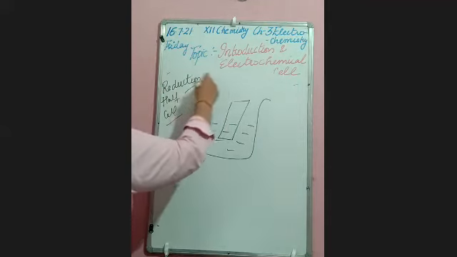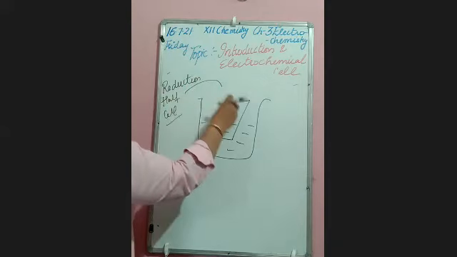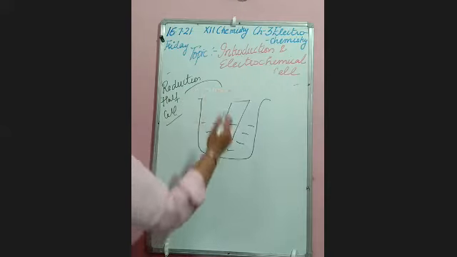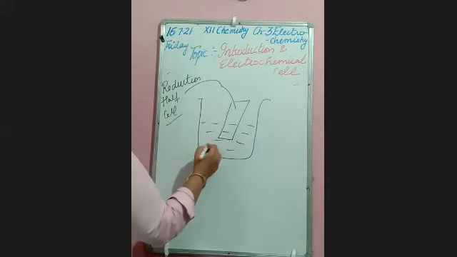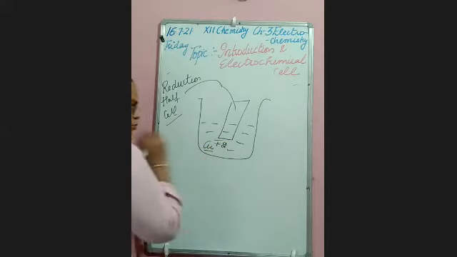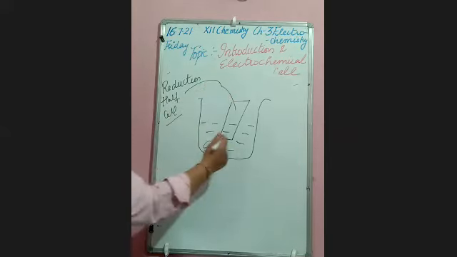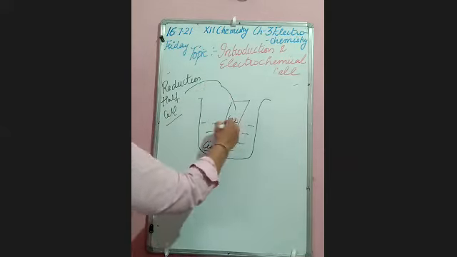Now the electrons from the oxidation side come here, and reduction is gain of electrons. Suppose I am taking copper here, present in Cu2+ form. It will easily take these electrons and convert into copper.